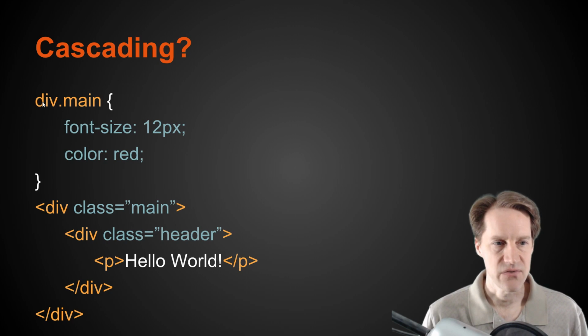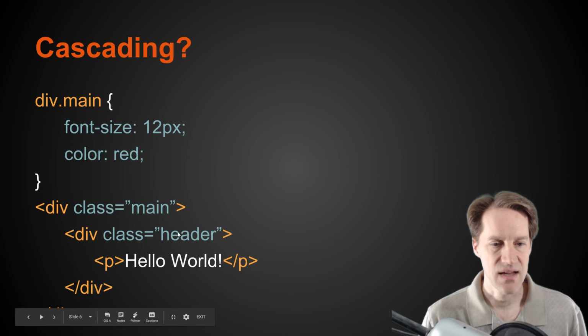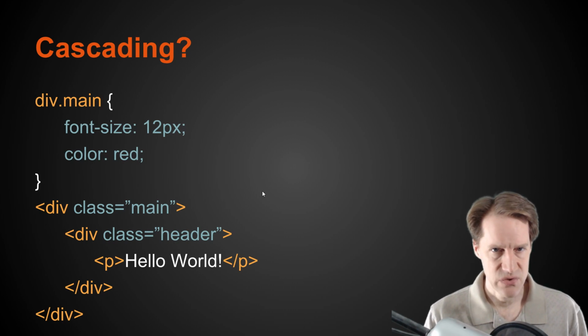So for example, if I say the div tag with the class main, where again the dot means the class main, it's going to look for a div with a class main, and it will apply this style to it and everything inside of it. So it will cascade down through here and make hello world that font size and the color red. And we're going to jump into some examples and look at that live in a moment here.